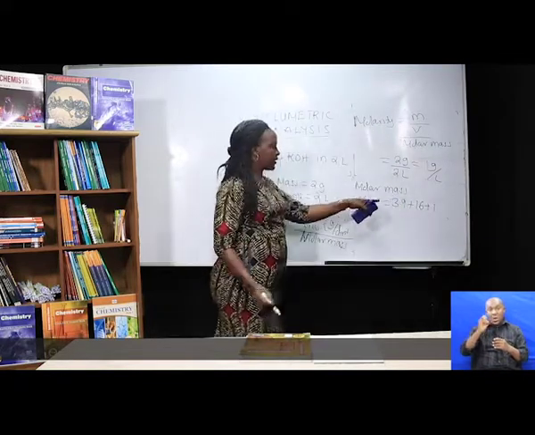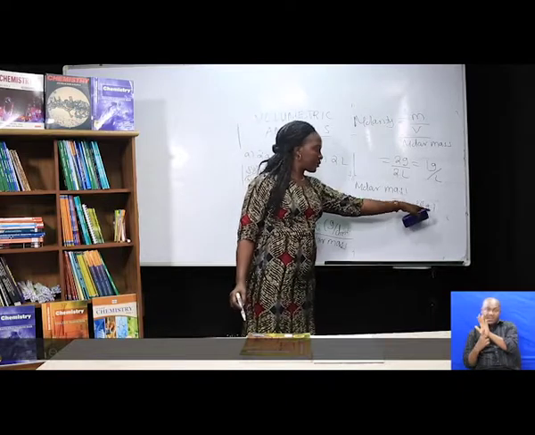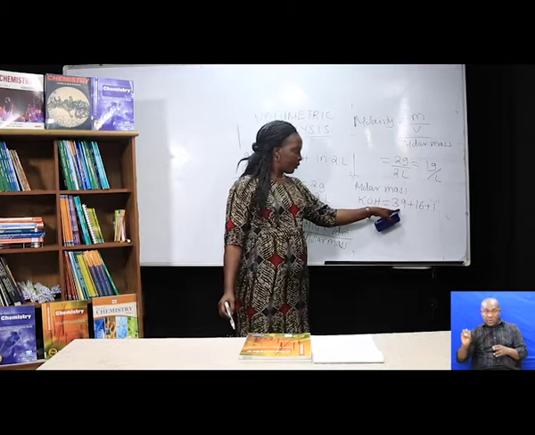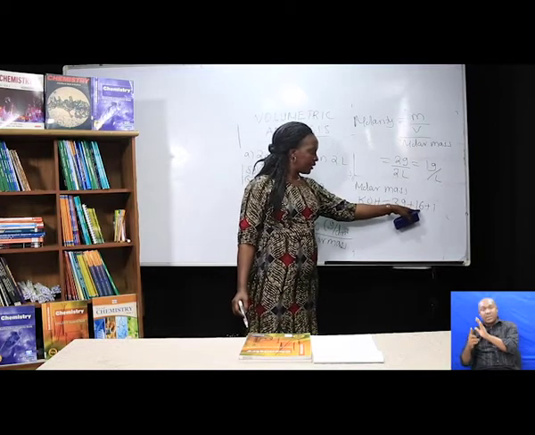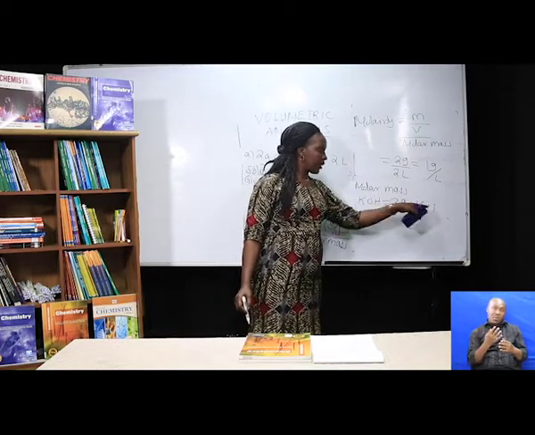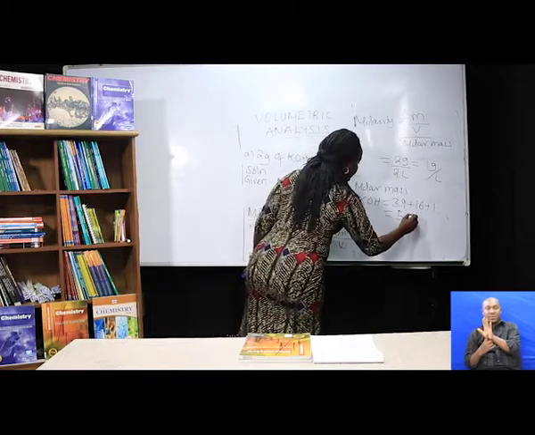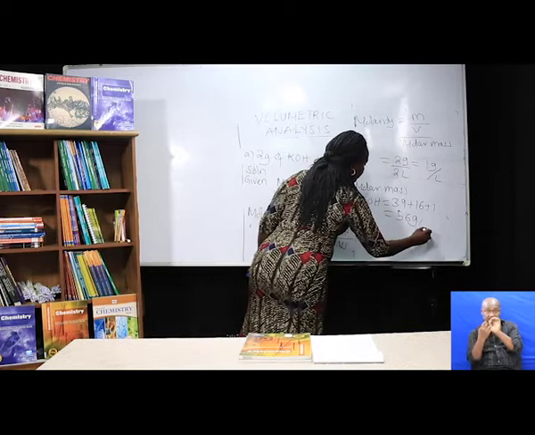So 39 plus 16 makes 55, then plus 1 makes 56. So this is equal to 56 grams per mole.